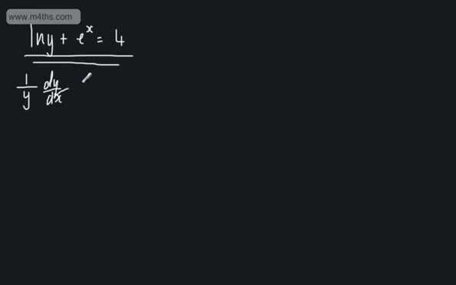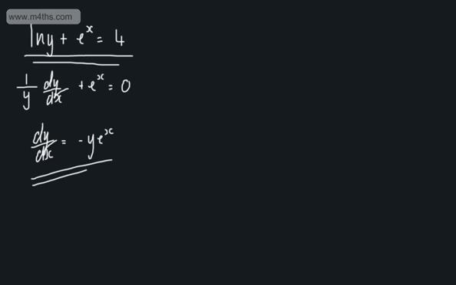I differentiate e to the x, I'm going to get e to the x, and I differentiate a constant, I'm going to get 0. So we end up now with dy by dx equal to, subtracting e to the x from both sides and multiplying by y, minus y e to the x. So all I've done now is express dy by dx in terms of y and x.